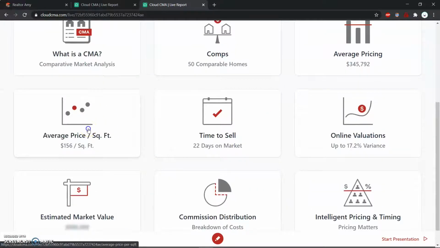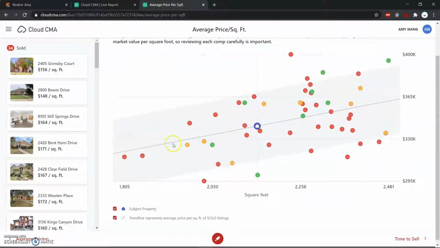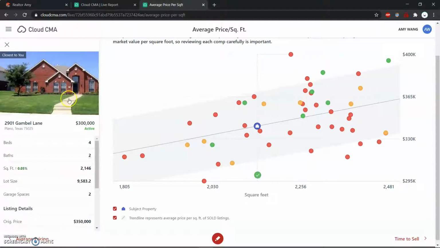And here is the average price per square foot. This is similar to the previous explanation. This is the trend line, and this dashed line is the square footage of your reference property. This green button is the reference property we chose. So why is it so cheap? You want to buy it? Is that a deal? Talk to Amy.